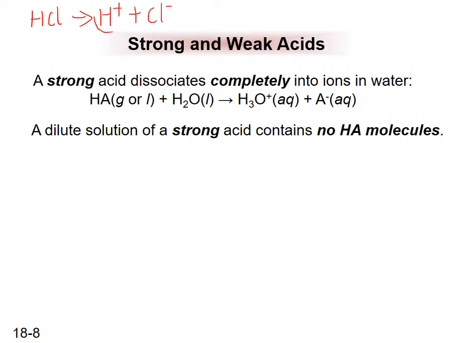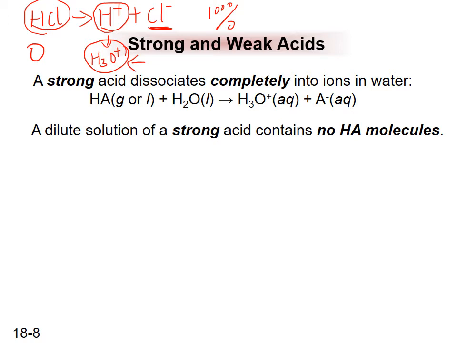In water, hydrogen ion combines with water to form hydronium ion. In water, no hydrogen chloride molecules exist because 100% of the molecules dissociate into ions, chloride ion and hydrogen ion. And that is an example of a strong acid.